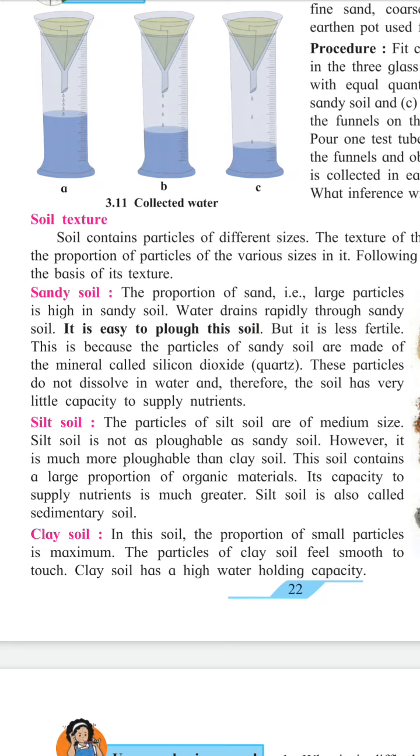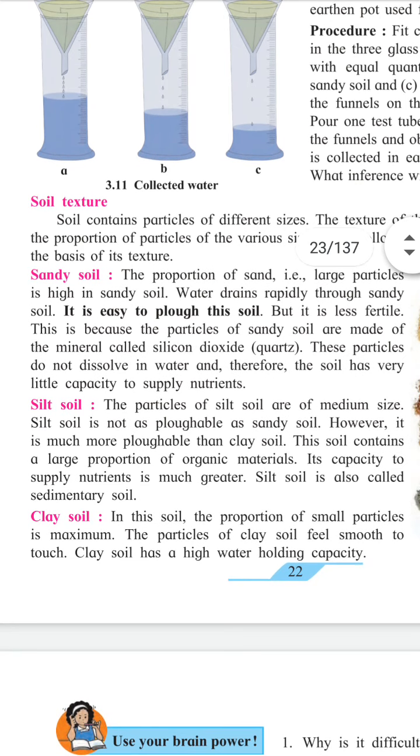It does not hold water and has very little capacity to supply the nutrients. It is not fertile, so plants do not grow in it. These particles do not dissolve in water and therefore the soil has very little capacity to supply the nutrients.